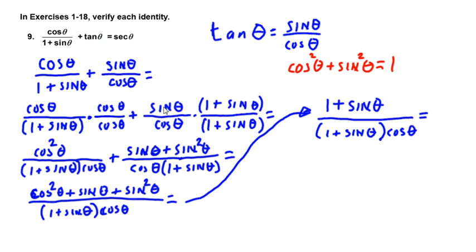I hope you can see that now we can cancel 1 plus sine theta in the numerator over 1 plus sine theta in the denominator. And so we have left 1 over cosine theta. Then 1 over cosine theta, from the reciprocal identity, is equal to secant theta.